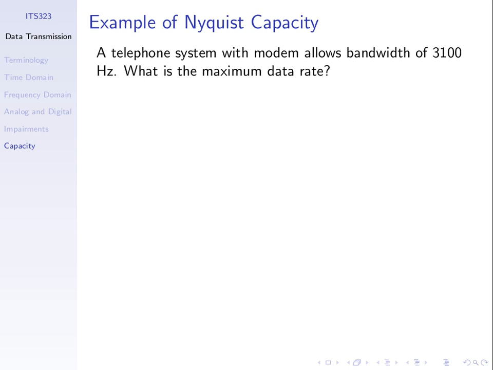Assuming M equals 2, find the data rate of your telephone line, the maximum data rate. If we have 2 levels, how many bits per second can you send across your telephone line?